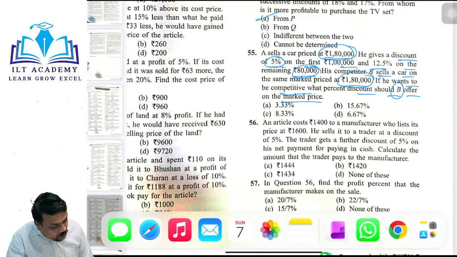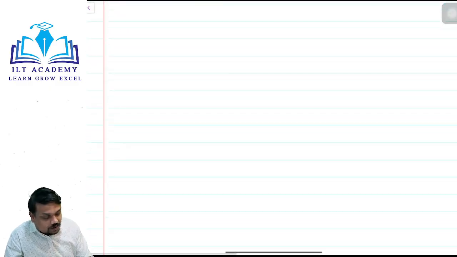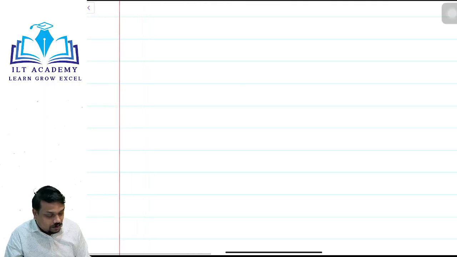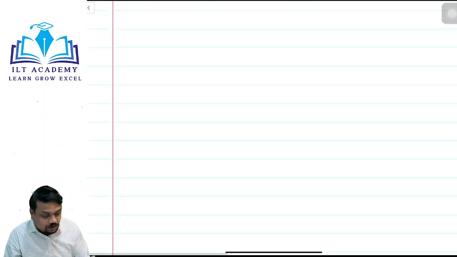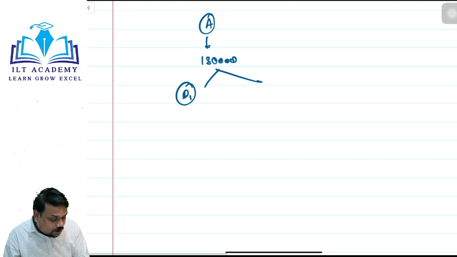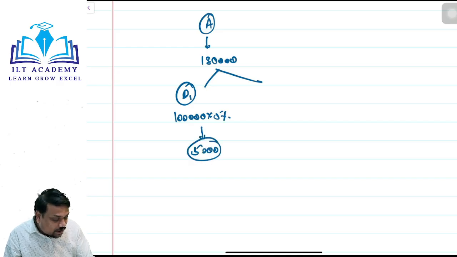Okay, so first look at the question. The market price of the car is how much? 180,000. So he gives discount 1 on the first 1 lakh. How much percentage? 5%. So 5% of 1 lakh is 5,000. Any doubts?